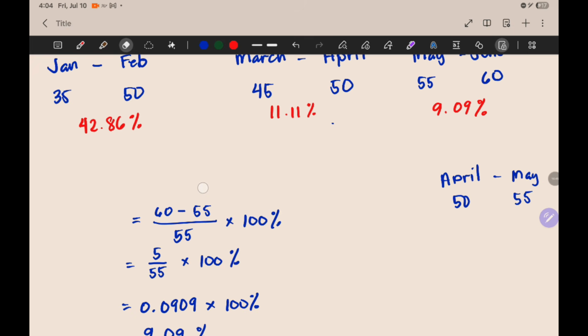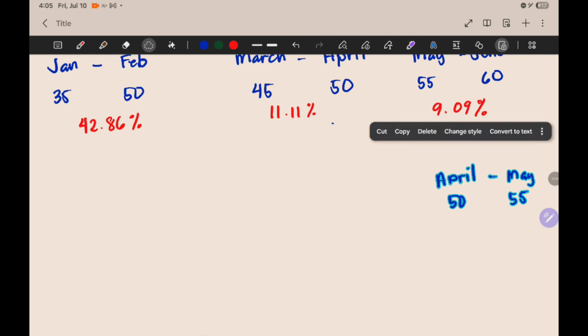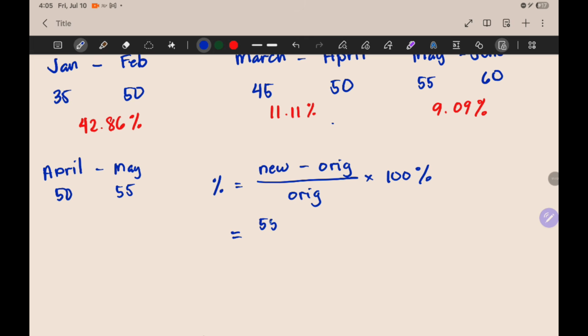So, next, solve natin yung April hanggang May na percentage increase. So, percentage increase is equal to the new value minus the original value all over the original value times 100%. So, new value is 55 minus 50 all over 50 times 100%.